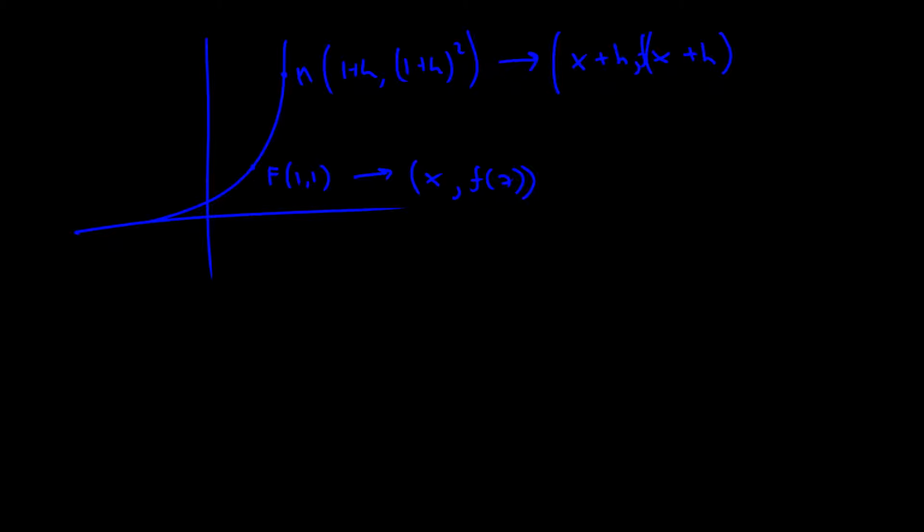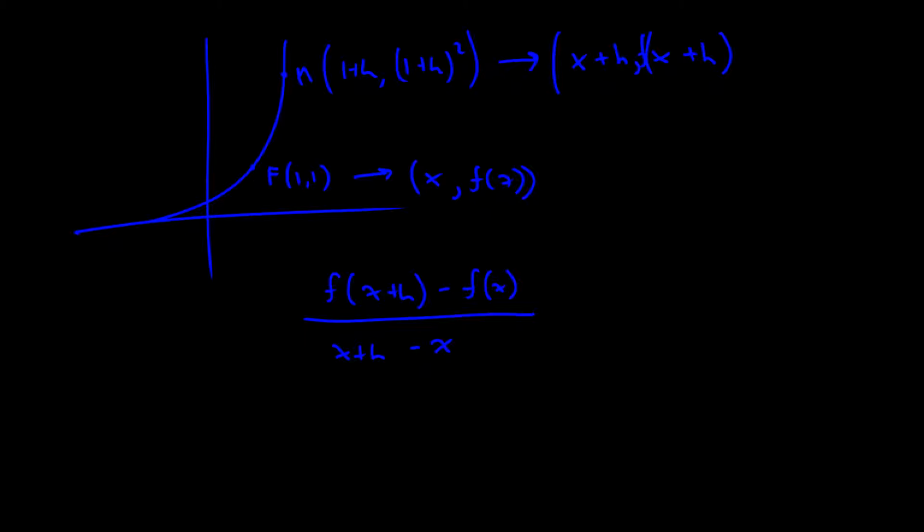So if we have f of x plus h, this is just using our slope formula, minus f of x over x plus h minus x.